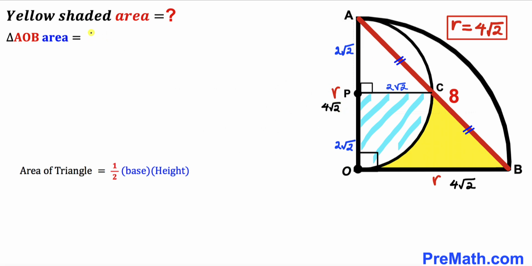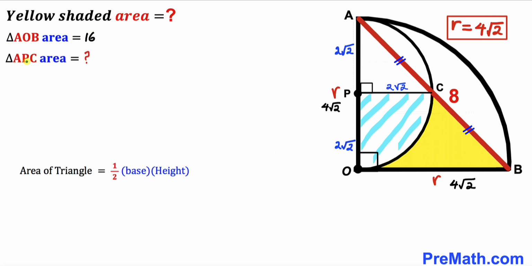So the area of triangle AOB is a half times 4 times square root of 2 times 4 times square root of 2. If we simplify everything on the right hand side, that gives us 16 square units. So the area of this triangle AOB turns out to be 16.